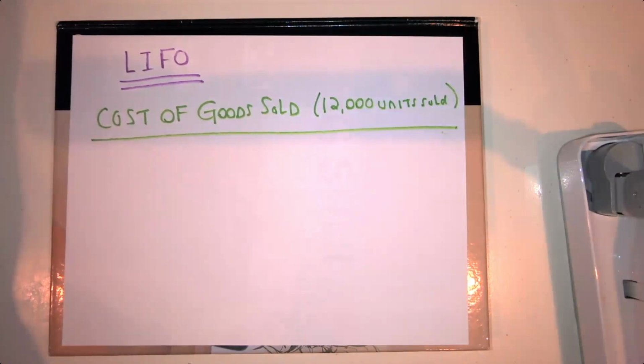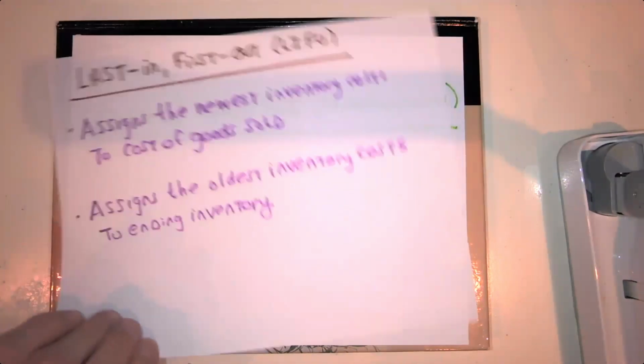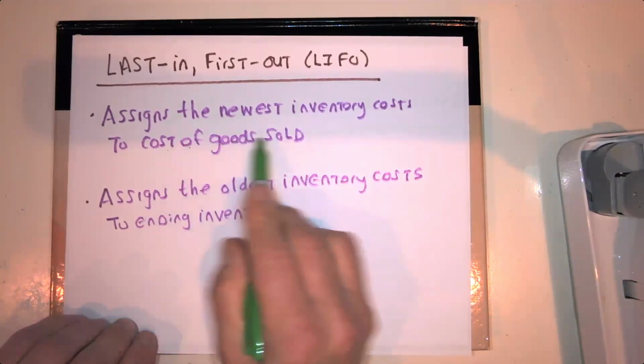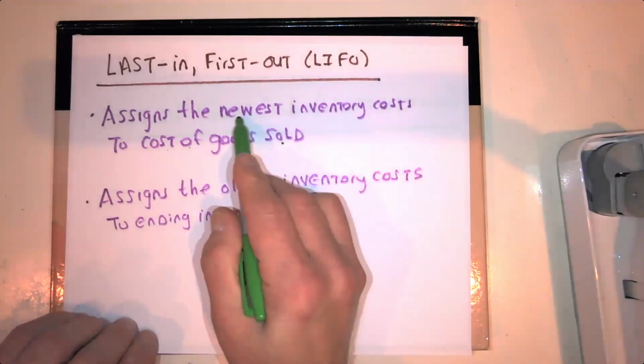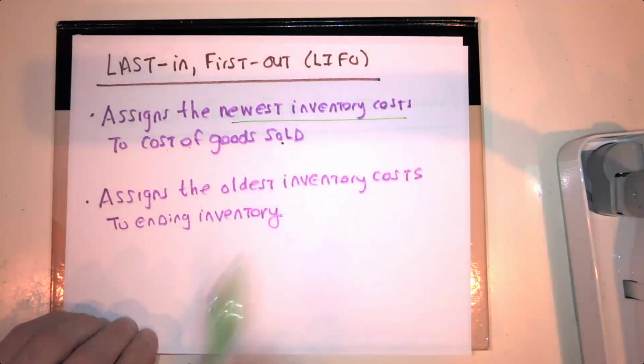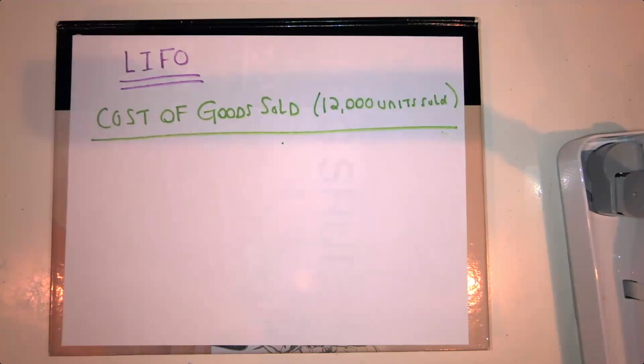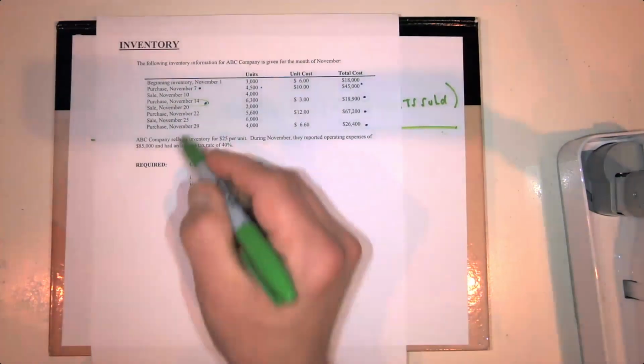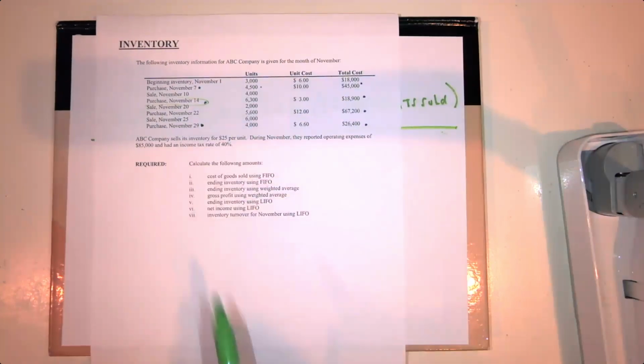I also know under LIFO that the cost of goods sold is made up of the newest inventory costs. So if I look in our problem, the newest costs are the most recent purchases.